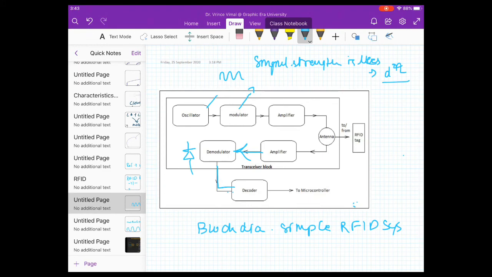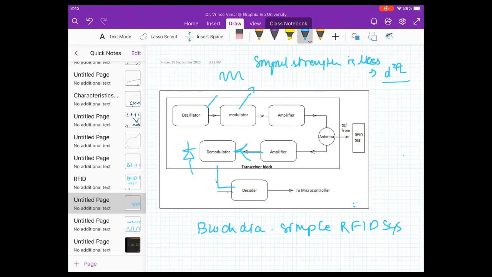Once this is amplified, the antenna converts this electrical signal into an electromagnetic signal, and that is propagated.